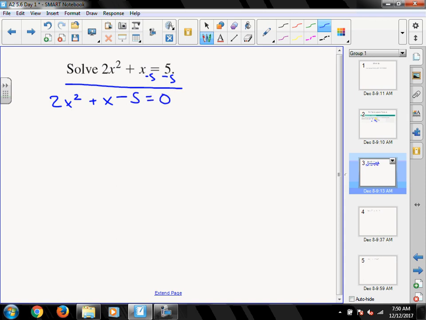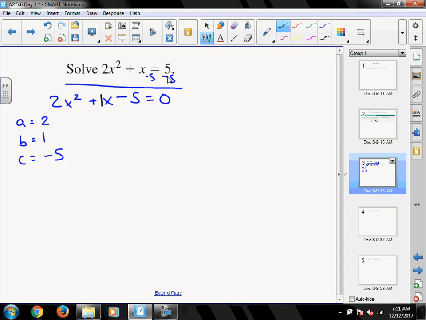Now that it is equal to 0, we can identify our a, b, and c. So a, the number in front of x squared, is going to be 2. B, the number in front of x, even though we don't see anything there, there's that imaginary 1. Hopefully you guys are comfortable with that by now. And c, the number by itself, is going to be negative 5.